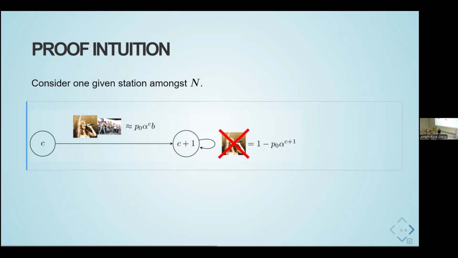So actually, the very trick of the proof is to be able to write this. I will not detail here how you do that, but we can, thanks to Richard. And then when Alice is in state C plus 1, she stays there as long as she doesn't speak.